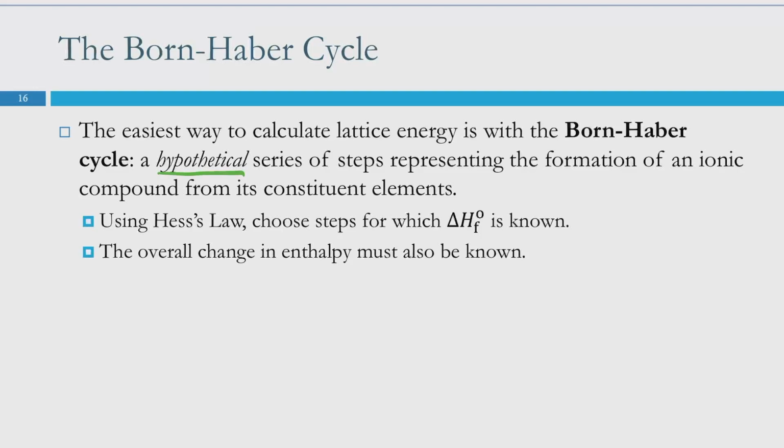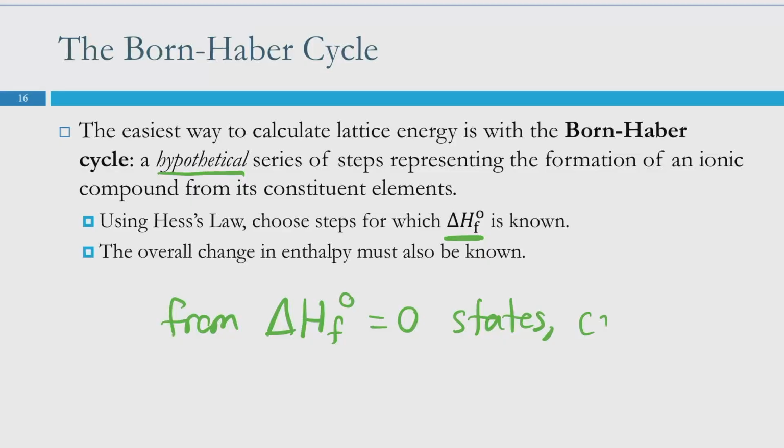All of those delta H sub F with the little 0, the degree thing, those standard enthalpy of formation, we'll pick up a bunch of those. And from these standard enthalpy of formation equals 0 states, we're going to construct the ionic compound.